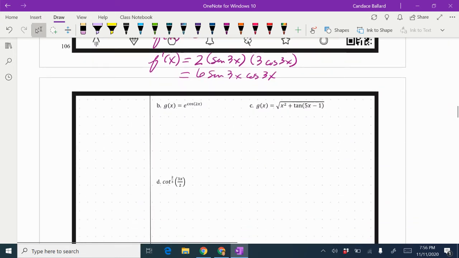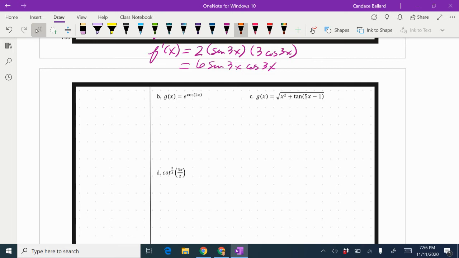All right, we're going to try this again. My next u looks like this one here, so u equals cosine 2x. And then I notice that I've got another function on the inside, so I'm going to call it w. So w equals 2x, meaning w prime equals 2.